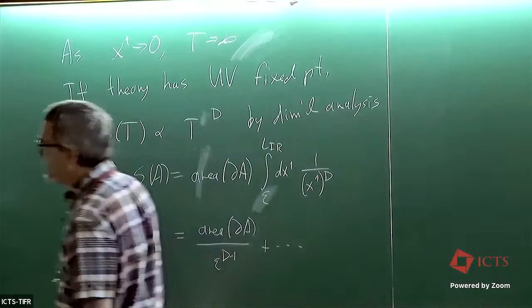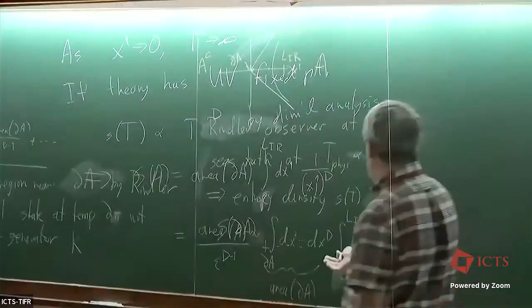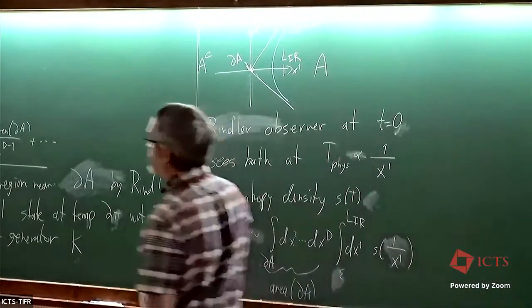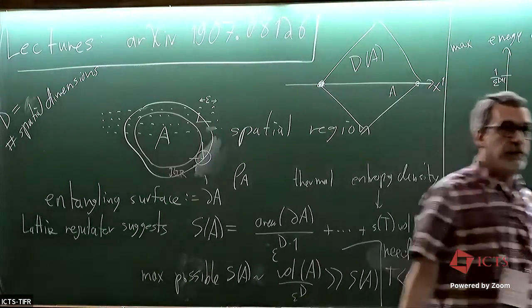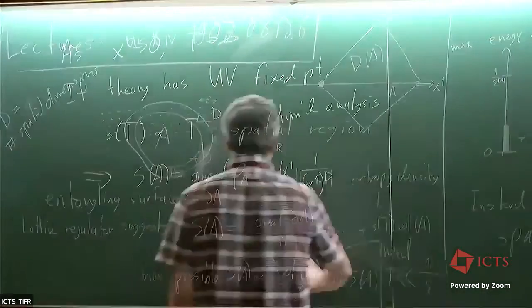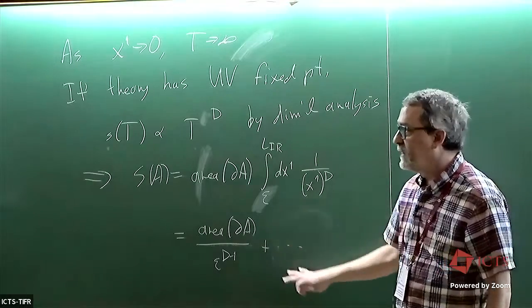Another is that it's really not true that you can get the entropy just by integrating up a local entropy density. Another is that the entangling surface is not really flat, it has curvature, and so on and so forth. And obviously the state dependence should enter somewhere. The state dependence will be in here, the dependence on the curvature of the entangling surface will be here, and so on.